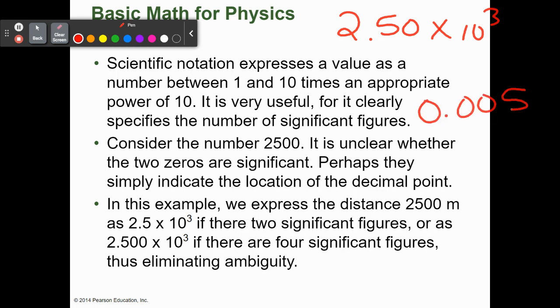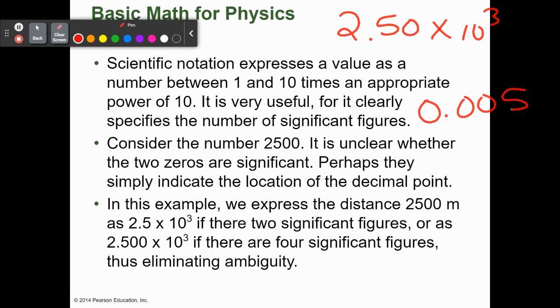Any zeros after the decimal, but before the numbers. Those are not significant. Let me think on that. Yeah, it's the ones after that that may be.